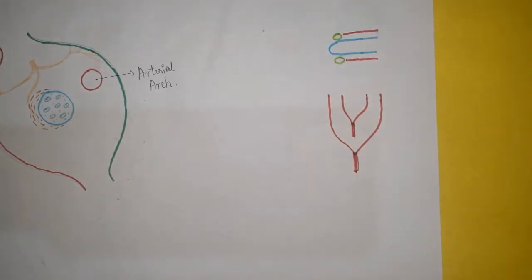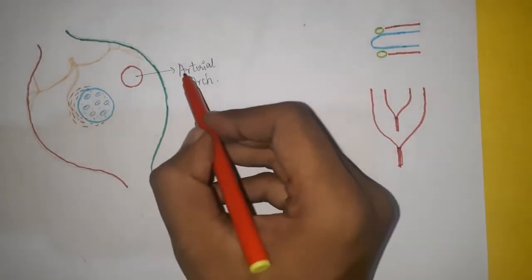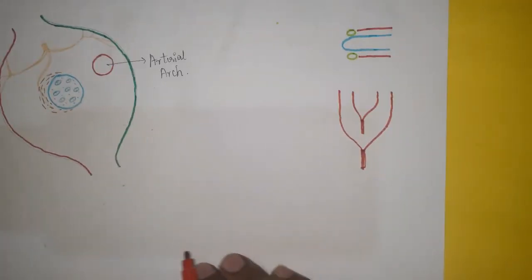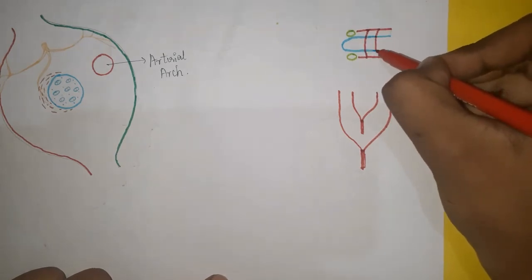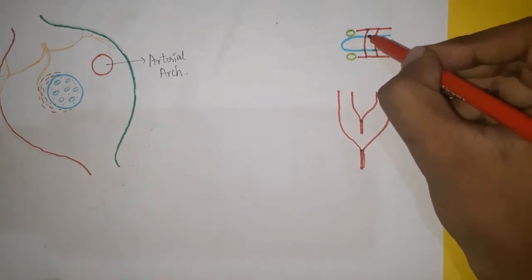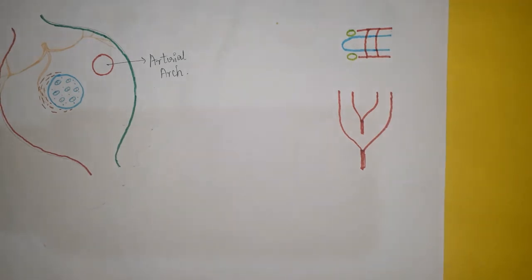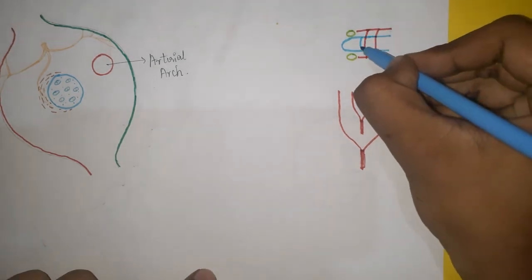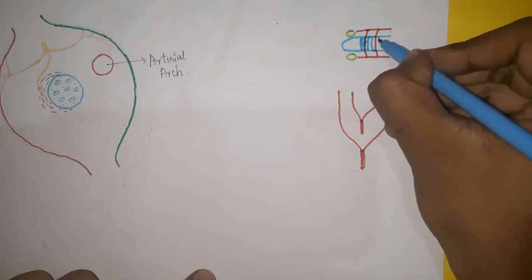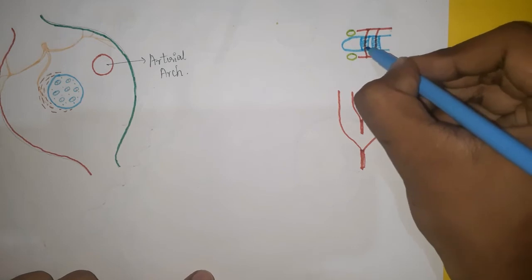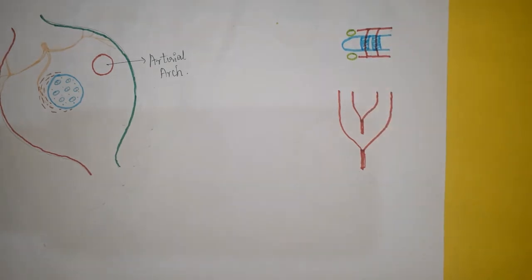Now, these arterial arches are the arteries which connect these two aortae like this, and they pass through the branchial arches or pharyngeal arches. Imagine on the lateral wall of the foregut, this is one pharyngeal arch, this is another pharyngeal arch. These arterial arches will pass through the pharyngeal arches.